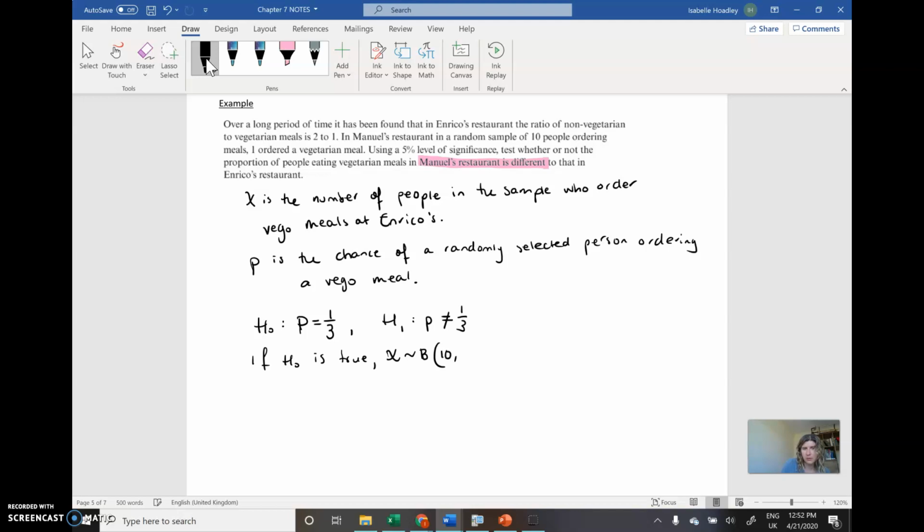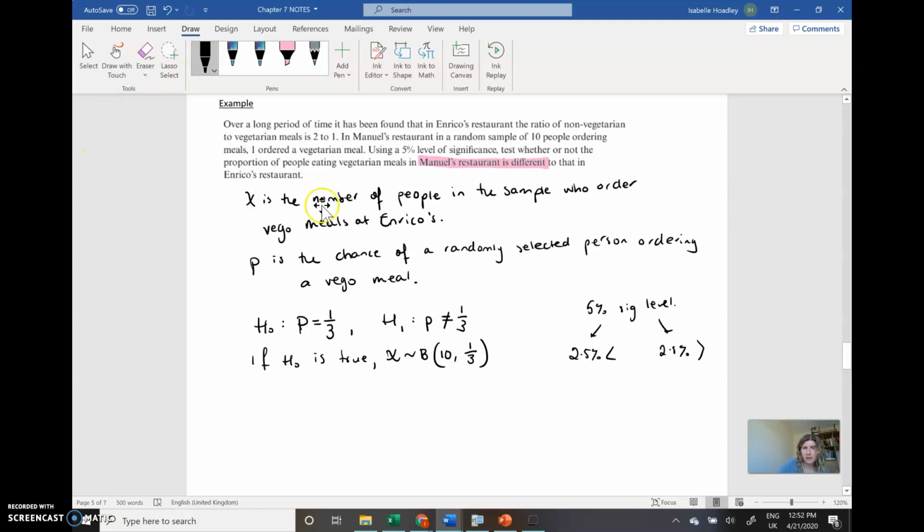We've got 10 people and the probability of 1/3. Okay. Now we're testing at the 5% significance level. So therefore, we could have 2.5% less than, 2.5% greater than.